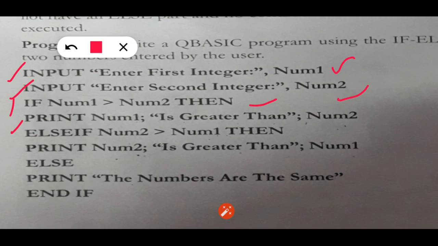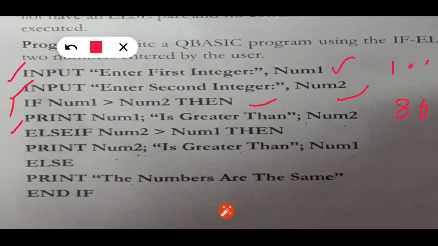Suppose num1 is 100 and num2 is 80. Then the first condition is true, so what message will come on the screen? 100 is greater than 80. This message will display on the screen.